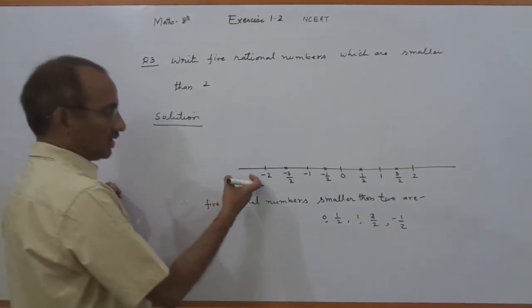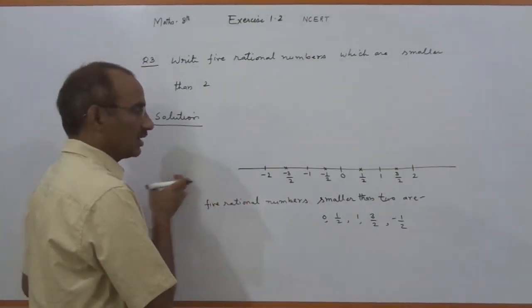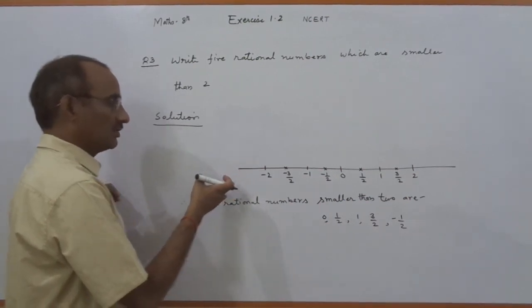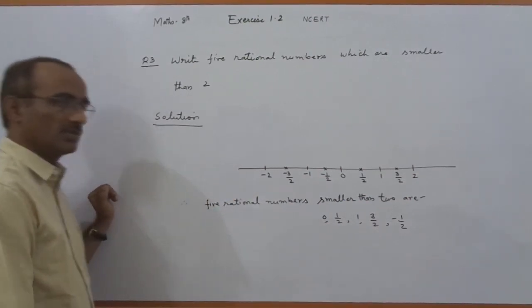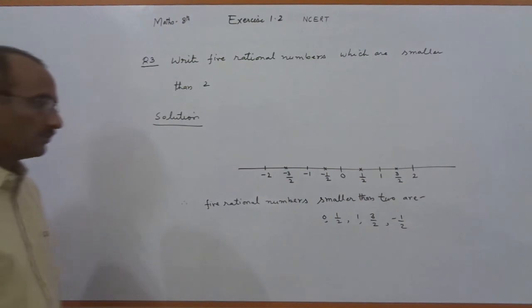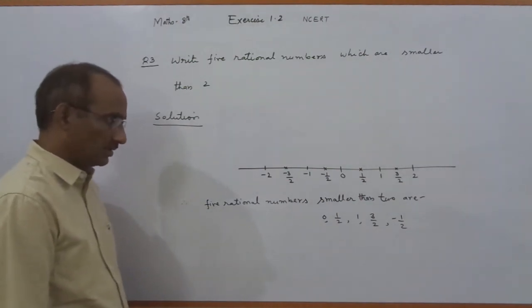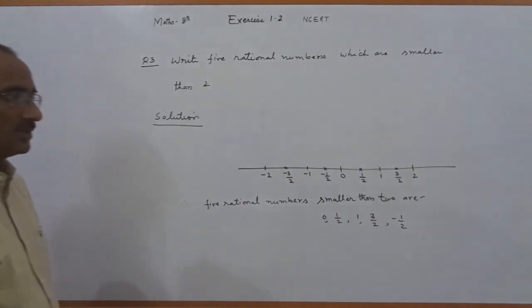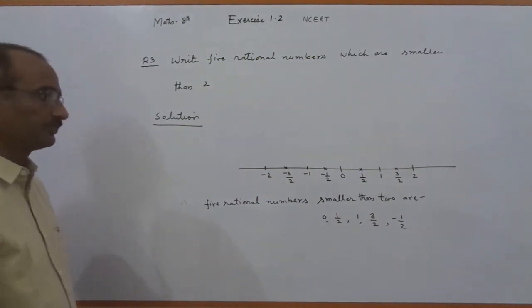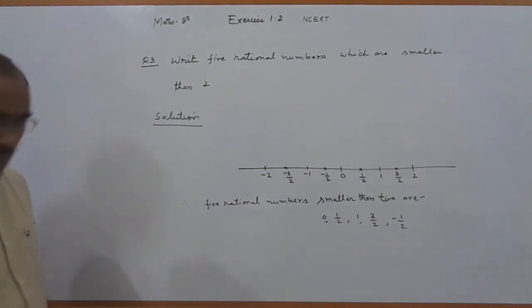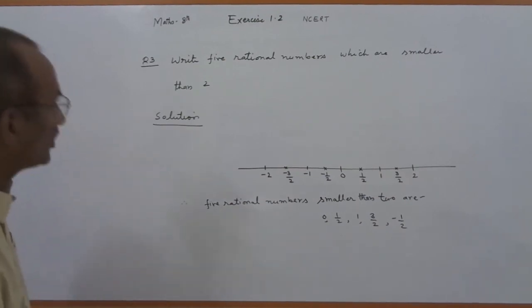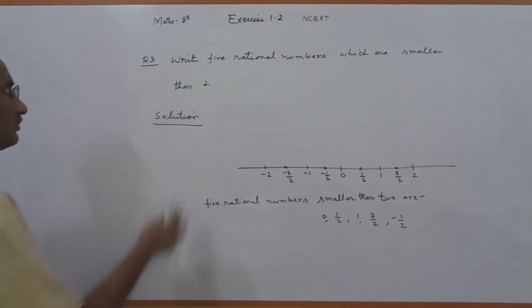There are many more rational numbers on this side, like -3, -5, -5/2. So we can write many rational numbers smaller than 2. So this is our answer. Now come to the question number 4.